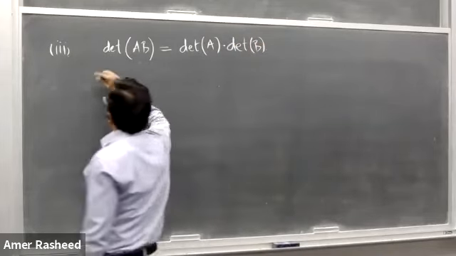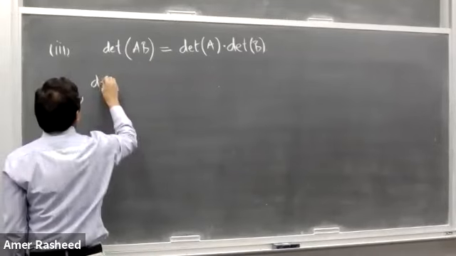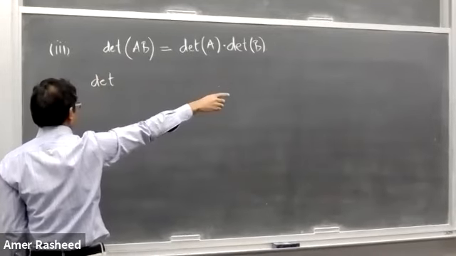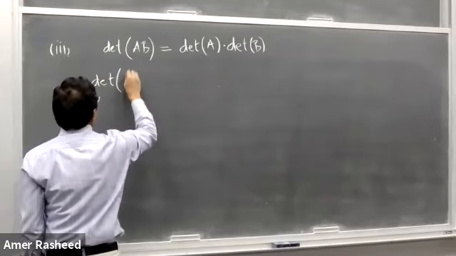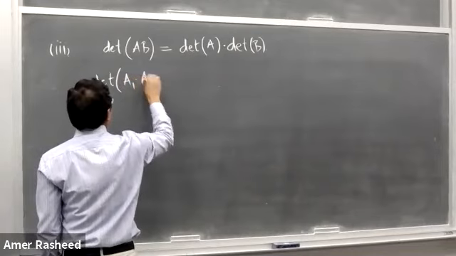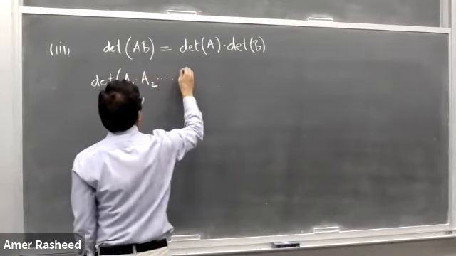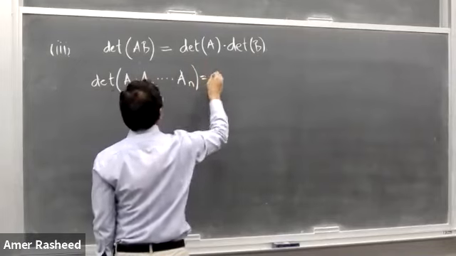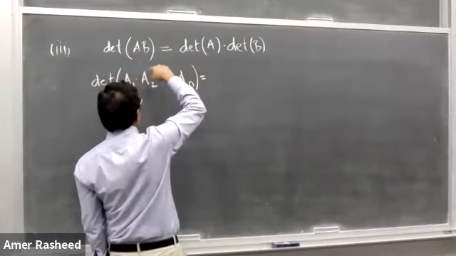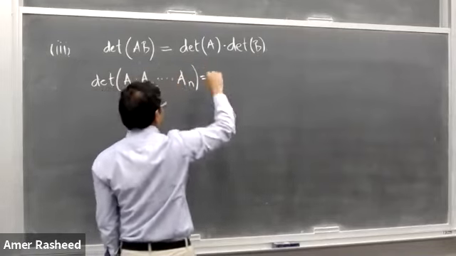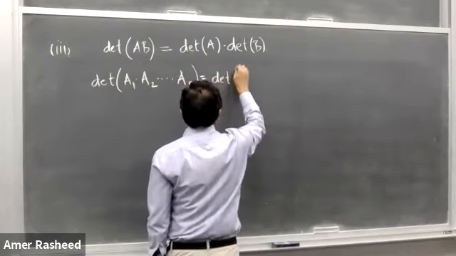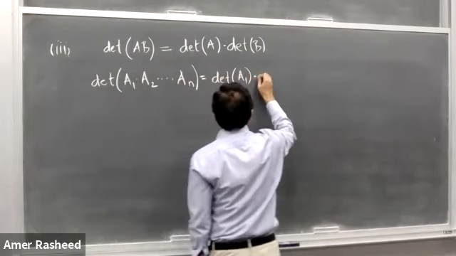Even we can generalize this identity: if we have n matrices A1, A2, and so on up to An, then the determinant of the product of these n matrices is equal to the product of their individual determinants.